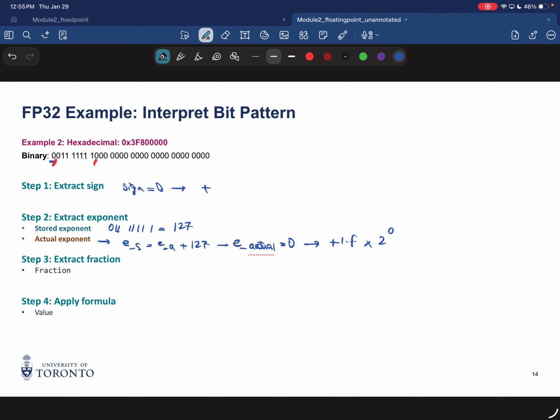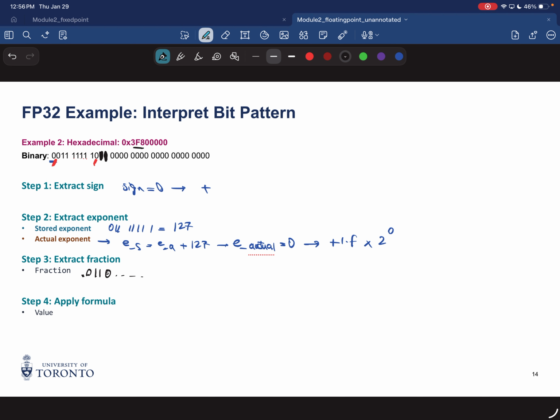Okay, let's add some ones in here to make it interesting. Then we have to change this number. The fraction is going to be, let's call it, 0, 1, 1. The rest of it is 0.